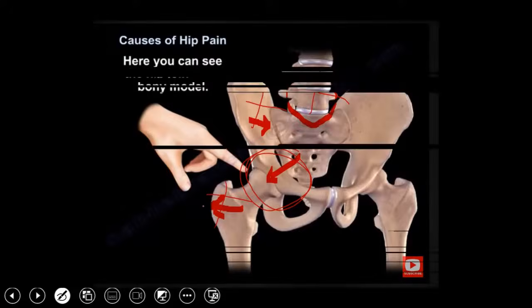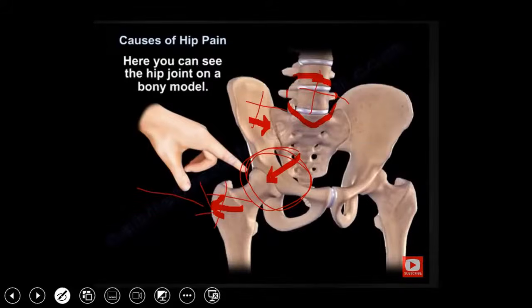This is the trochanteric bursitis, which is common. This is the SI joint, which can occur. And this is the spine condition, which can happen. In addition to the piriformis syndrome. So they are all connected within a few centimeters from each other.